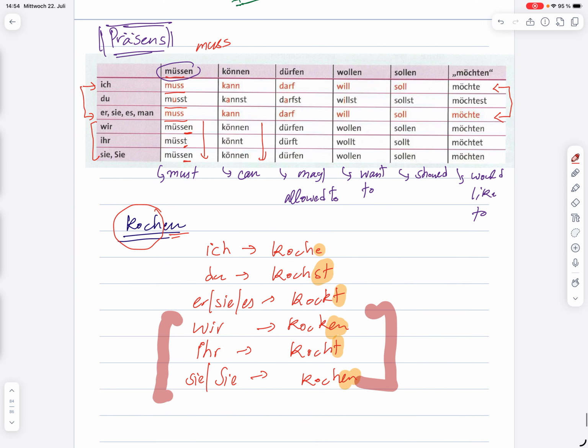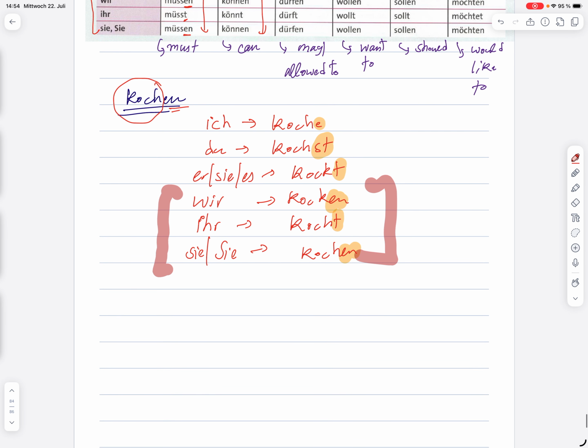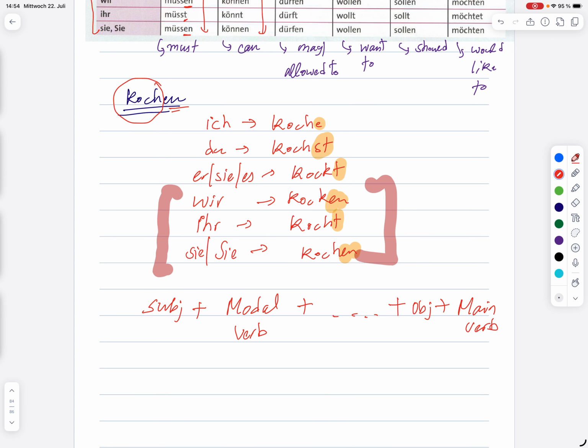So what you have to remember, the most important thing, is the sentence structure with them, which is subject, then modal verb, then the information in the sentence, and then maybe object, and then we have the main verb at the end, right? So this is the sentence structure.